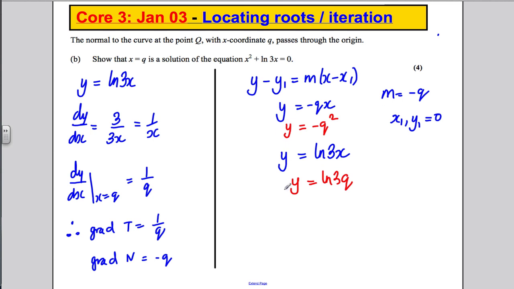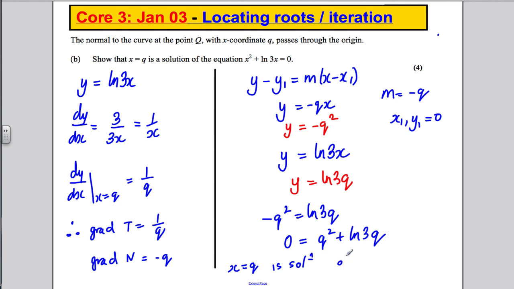Now we know they're both equal to y, they both have the same y value, so therefore we can deduce that negative q squared is equal to ln 3q, and adding q squared to both sides, 0 is q squared plus ln 3q, i.e. x equals q is a solution of 0 is x squared plus ln of 3x, and we're done.